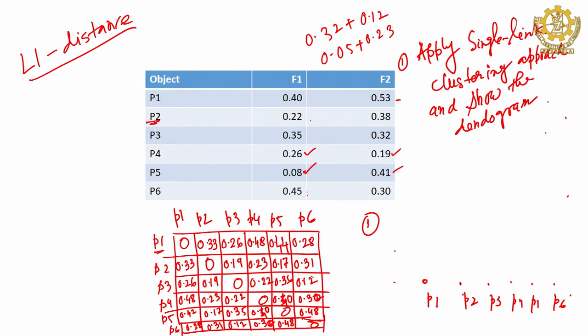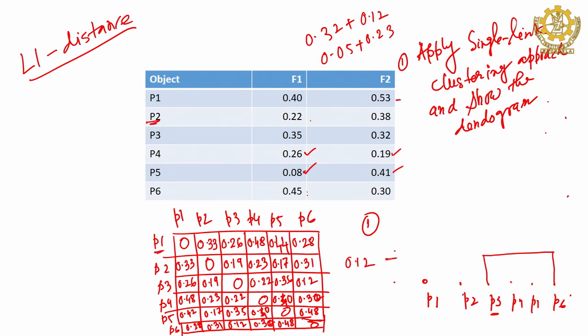So P3 P6 is minimum, you merge P3 and P6, and this distance you point it 0.12. So this is the single linkage, and what will be for complete linkage? This step will be the same. Always we find the minimum, as I said many times, but while you update it, that will differ.